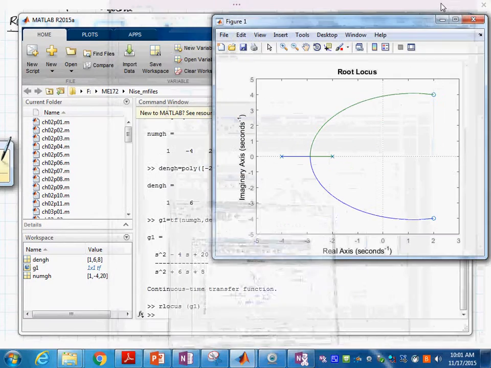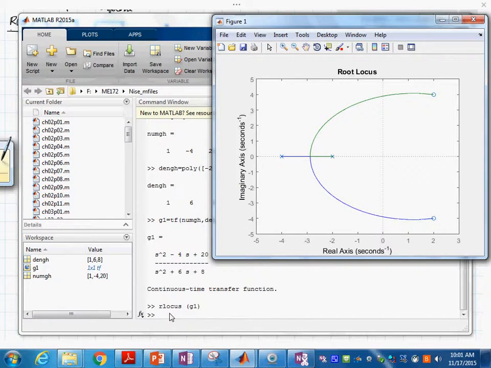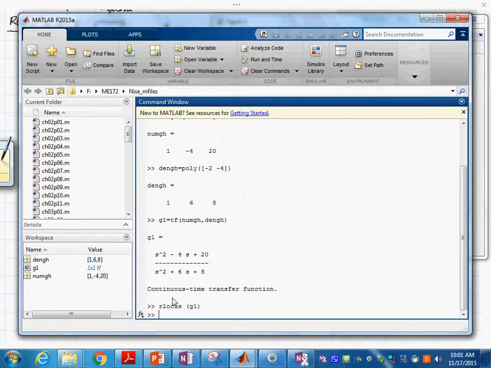So what we're going to do is go back to MATLAB over here, and say, okay, let's define some damping ratio and the natural frequency, and put a grid over that plot that we just have.